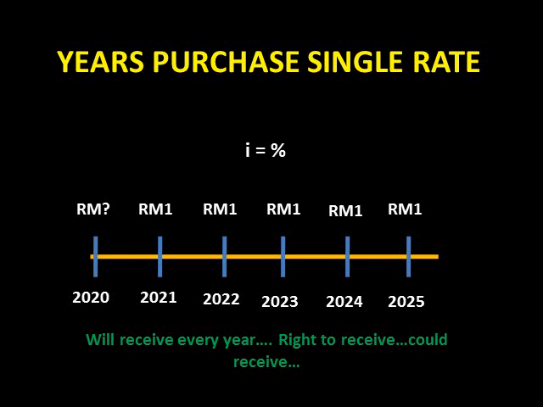So at n years, which in this case is 5 years, and at i percentage. The i percentage we normally take from the yield, or opportunity cost, or any related yield.